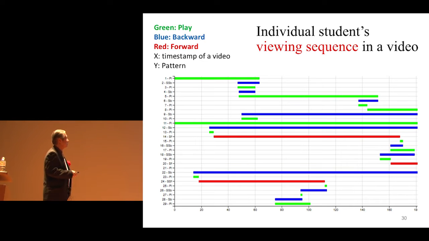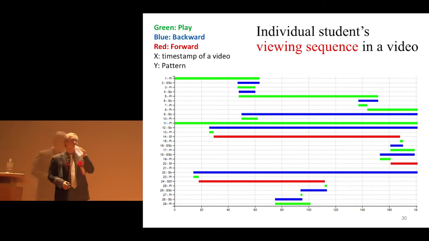This diagram shows the viewing sequence. For example, a student can play, move back, play again, move back, play, and so on and so forth. The red one is move forward. So we can track the viewing sequence of students.